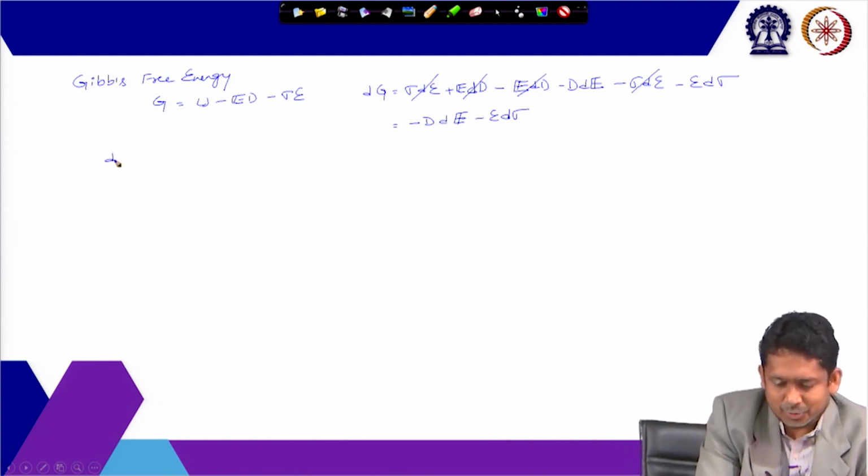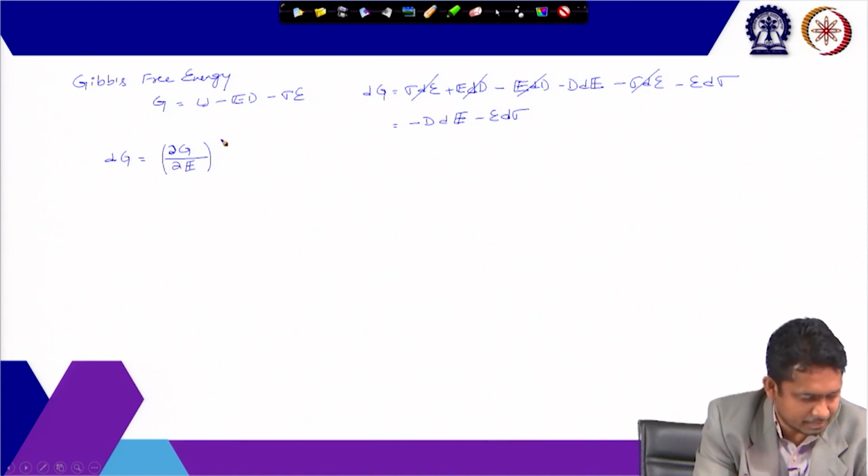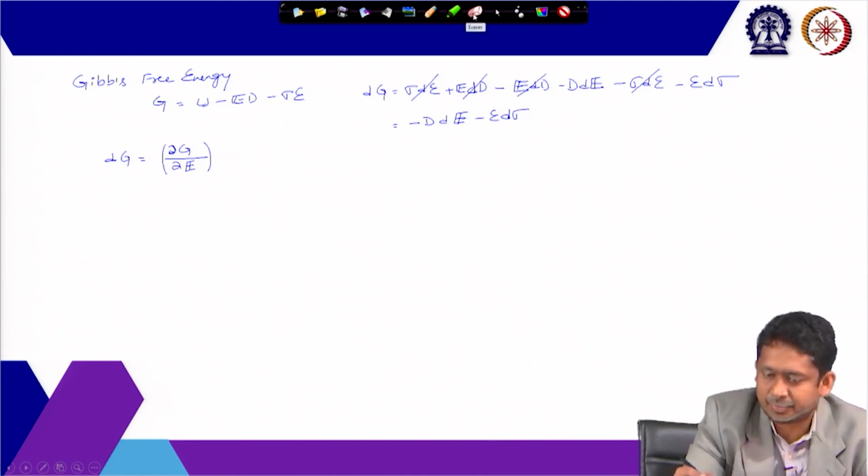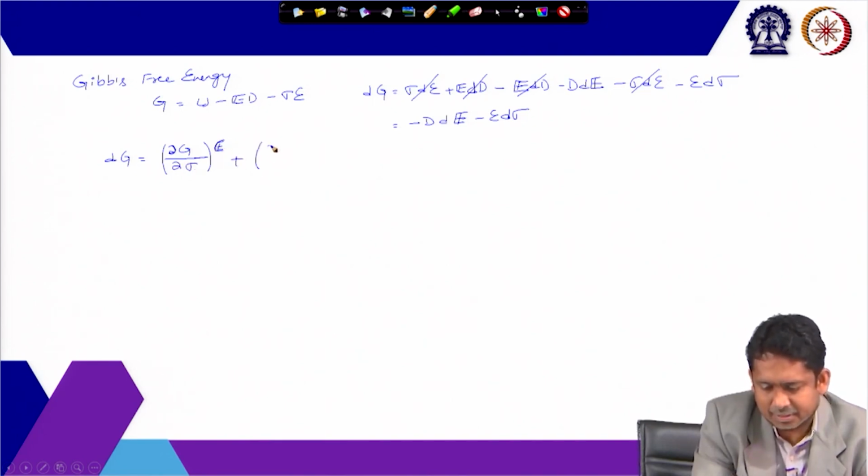Now, we can also write this as dG is equal to delta G by delta sigma, keeping E constant, plus delta G by delta of electric field, keeping sigma constant.